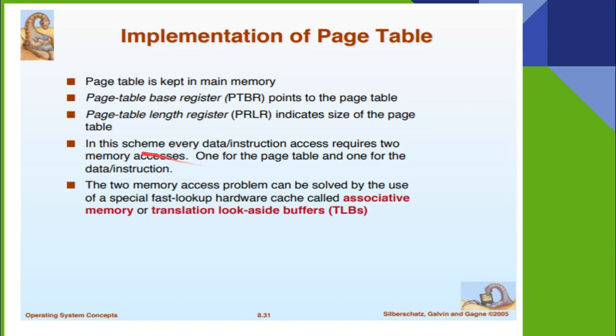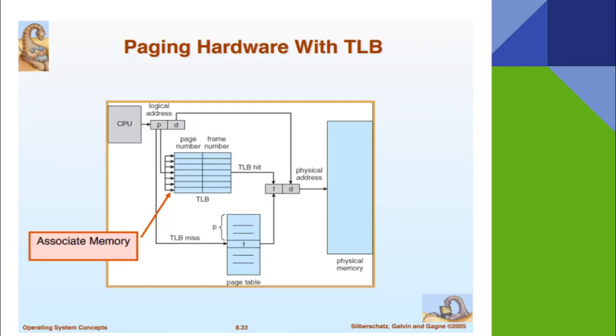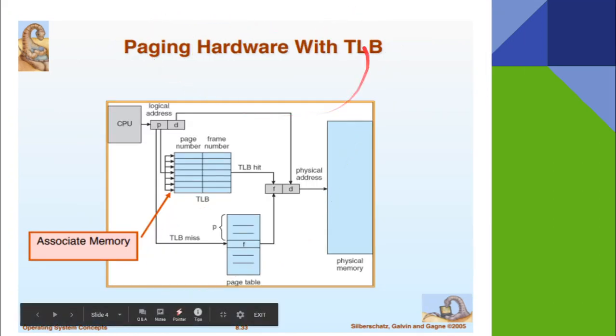In order to speed up this process of memory access, that is the two memory access, there is one arrangement called the TLB, the translation look aside buffer. This TLB is associated with the paging hardware. Let us see how it works.